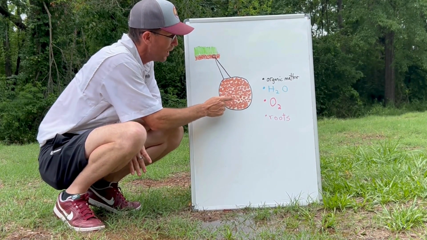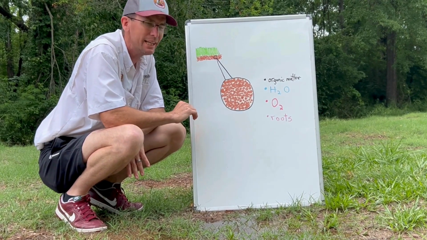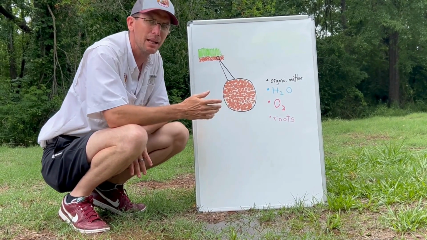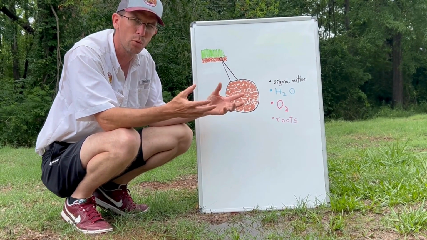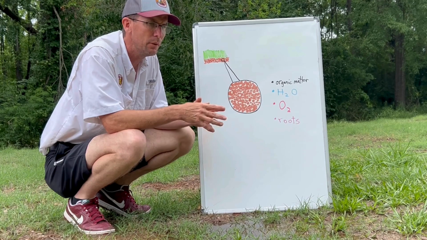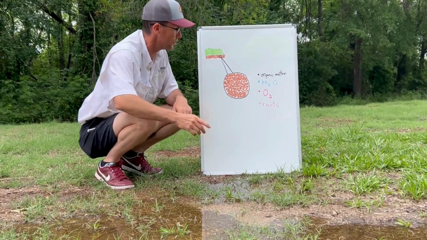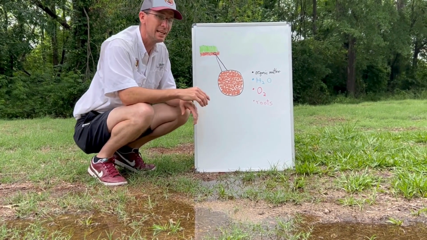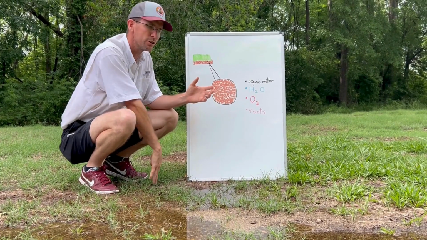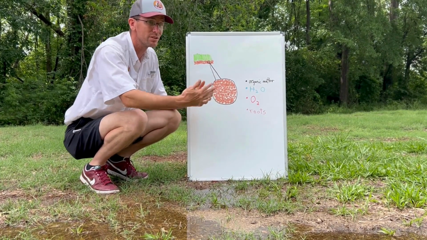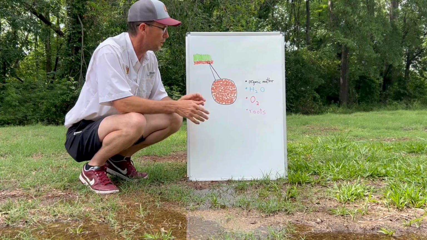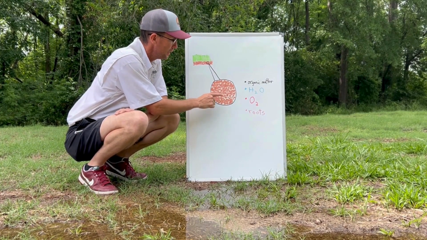Pore space is the white, that's P-O-R-E, pore. You can think about it like a sponge. A sponge has those pore spaces, and when the sponge gets full, like this ground, it can't hold any more water and it just runs off. With sand, those pores are so big the water just runs through, and if it's more sandy, if you live closer to the ocean, you have to water very often for plants that need a lot of water.